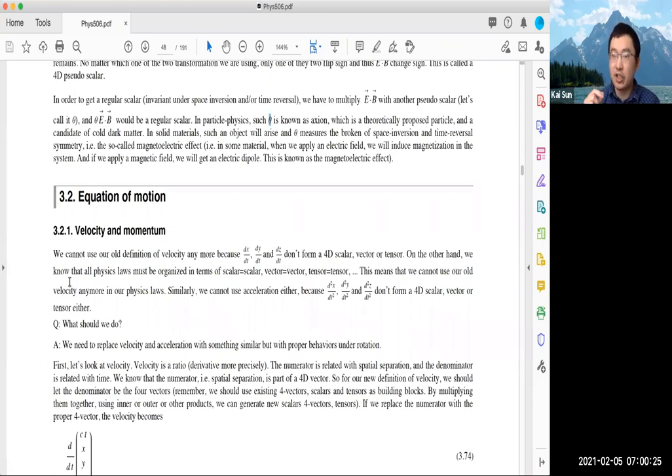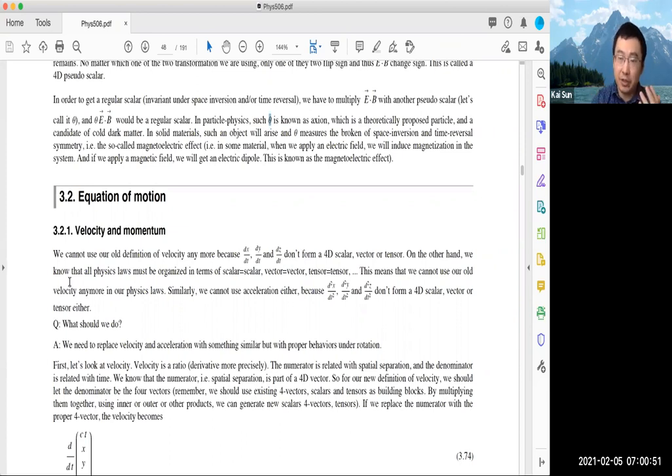In the previous sections, we didn't modify any physics law we learned. For example, for Maxwell's equations, we have the same Maxwell's equations. We just reorganized them in the structure of vector equals vector, tensor equals tensor. In this part, in 3.2, when we try to do the same thing for the equation of motion, we will notice that we can't do this for the regular equation of motion Newton told us.